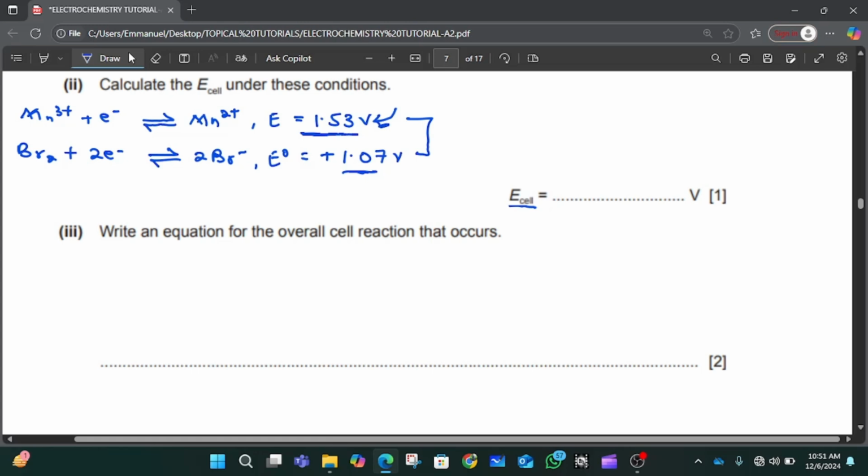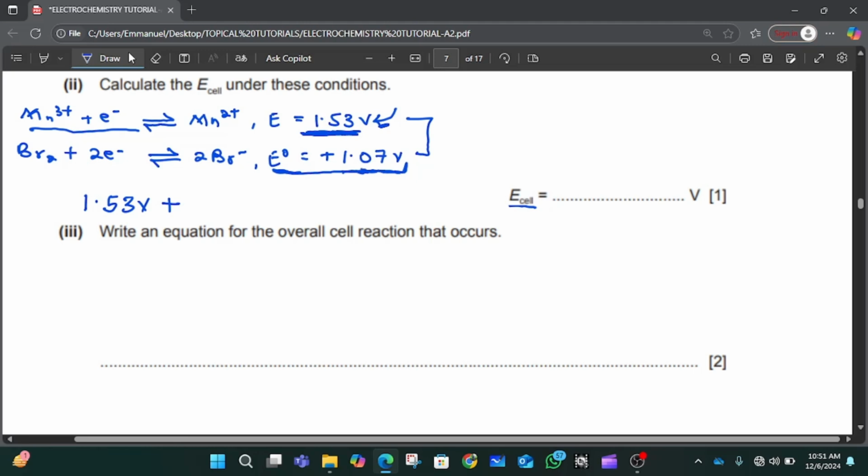And so since this is the positive pole, reduction occurs at the positive pole. And we can see that this equation is already undergoing reduction. So you have to maintain the electrode potential value as 1.53 volts plus the electrode potential of this one, which, of course, is less positive. It means that oxidation will be occurring at this half cell.